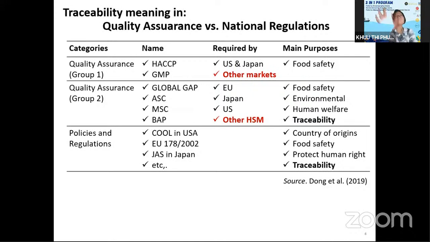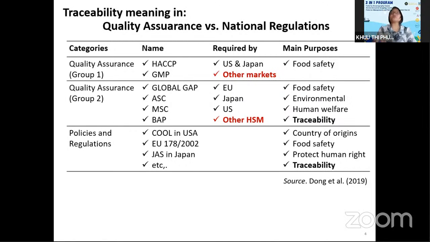So when you see this table, you can see that if we can apply quality assurance, it means that your product will respond to the law and policy, right? Because the policy and regulation will be checked by the government and by the local authorities.